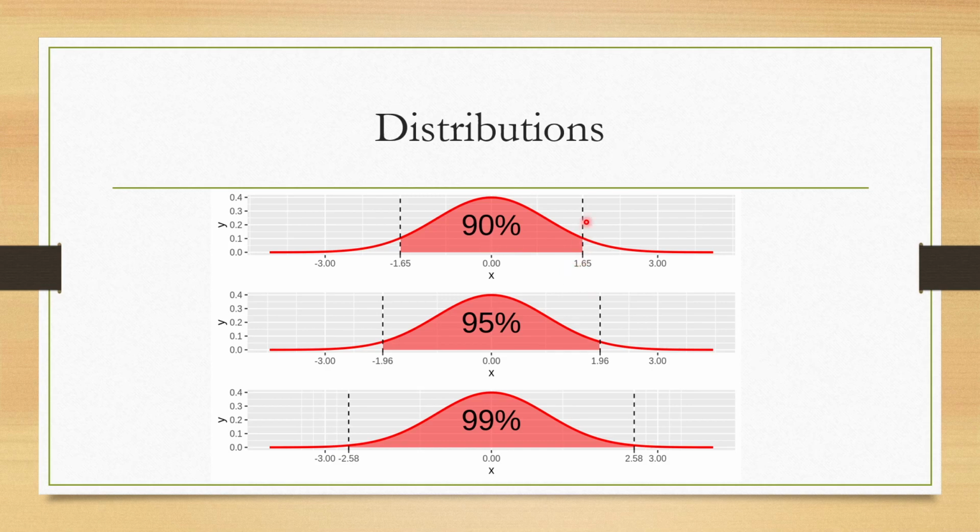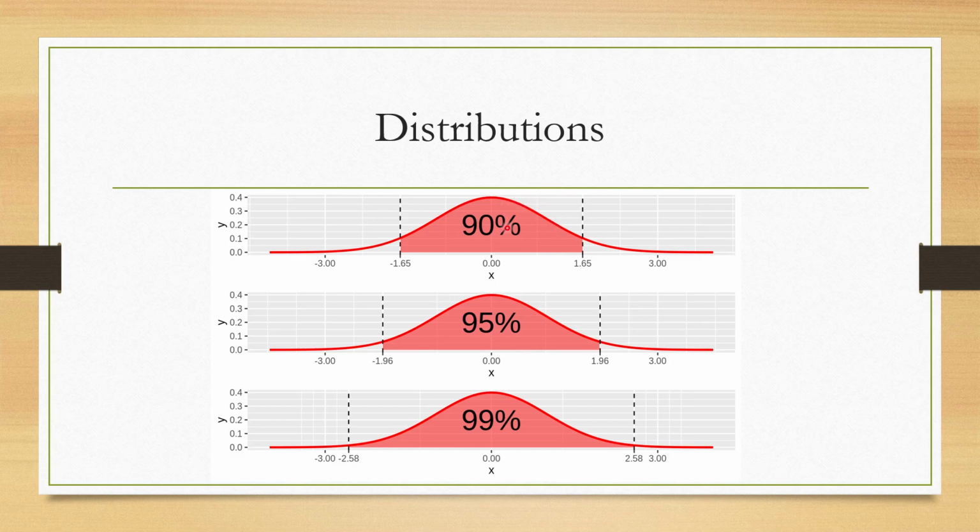And the value on the distribution, the cutoffs, are these cuts where we say, okay, you stop shading here at 1.65 positive, you stop shading here at negative 1.65, and if you shade everything in between, you get 90%. So the percentage of our confidence relates directly to values from the distribution. Let me say that one more time. The percentage of confidence relates directly to values of the distribution.